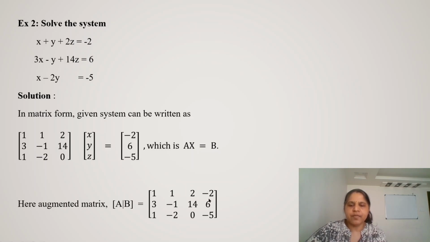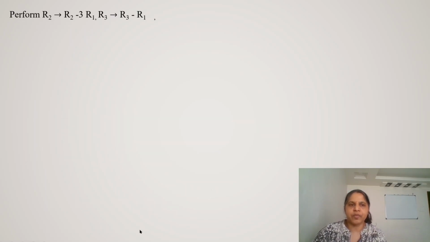To solve the system, we shall reduce this augmented matrix to its row echelon form. So for this we shall perform row transformations on this matrix, so that we want 0 here and here. So let us perform the operations: R2 minus 3R1 and R3 minus R1.